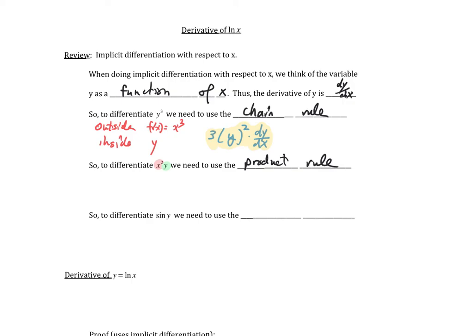Okay, so let's do that. The derivative of x squared is going to be 2x, and then you keep the second function, y, plus, now we're going to take the derivative of the second function. The derivative of y is dy/dx. And you got to multiply by the first function, x squared.